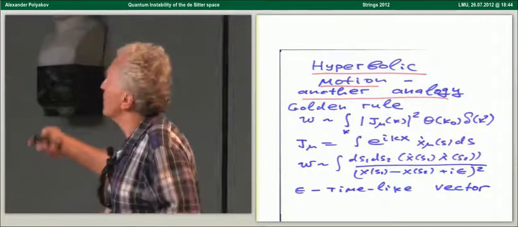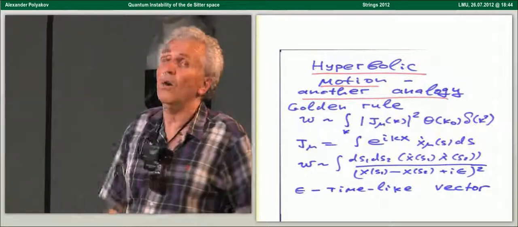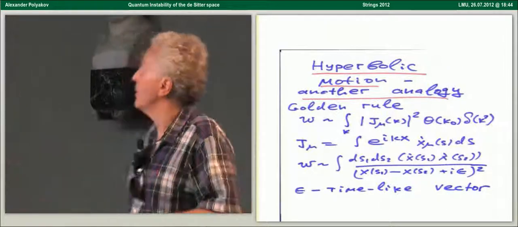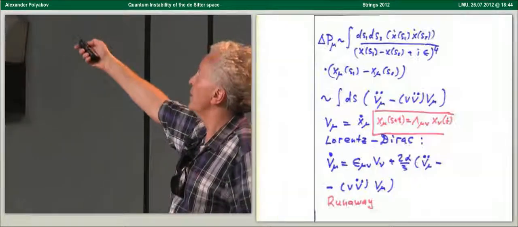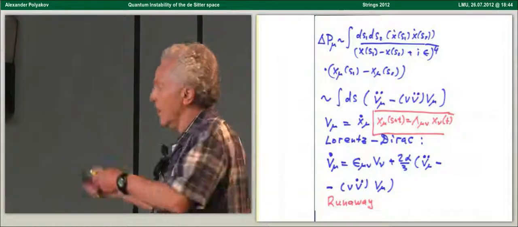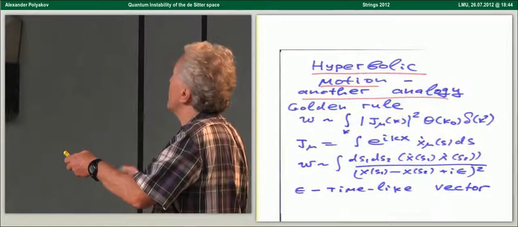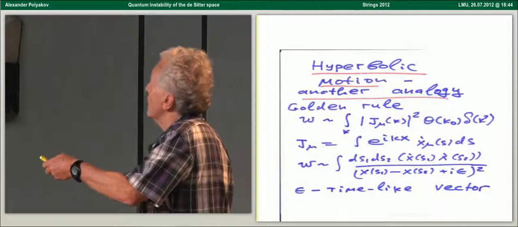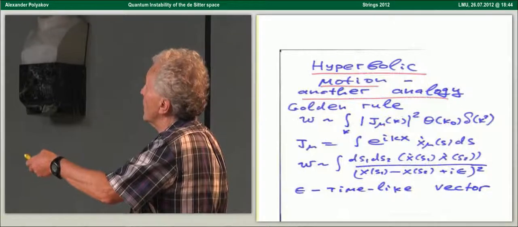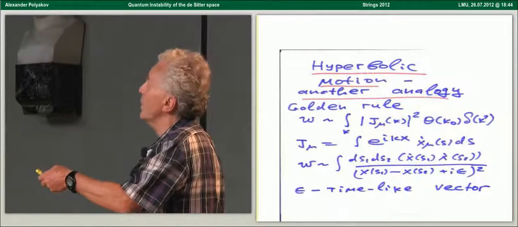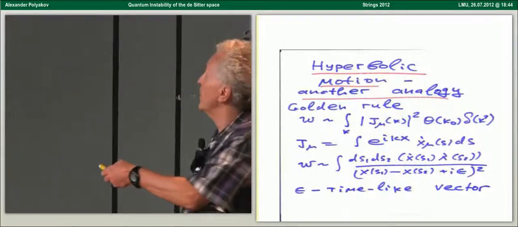Now let me give you one quick analogy of what happens in a situation like that. I will not be able to explain many details. Let's consider the hyperbolic motion of a charged particle. You have the golden rule for radiation of photons, and this is the vertex operator, this is the square of the current, and you get the Wilson loop, but it's a slightly unusual Wilson loop, a very interesting one, by the way, a non-equilibrium Wilson loop.